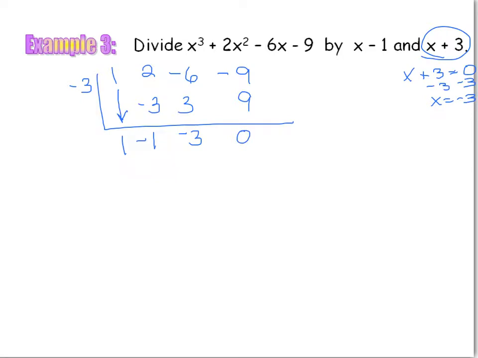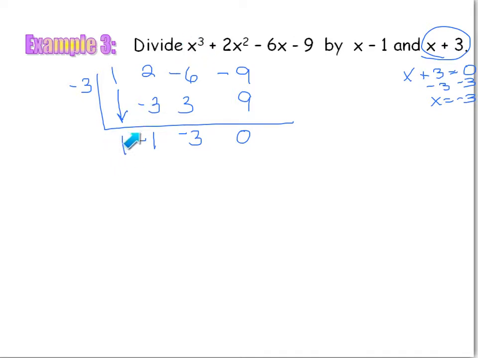Whenever we get 0, that means that x plus 3 is a factor of x cubed plus 2x squared minus 6x minus 9, because it went into it evenly. So it means that we have no remainder, which if you remember when you do numbers, means it goes into it evenly. So we need to write our answer. So we look up here, and we see that it was a cubic function.